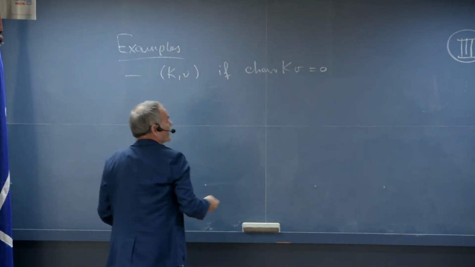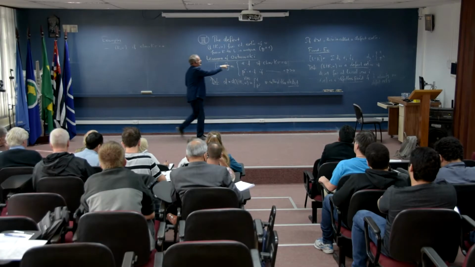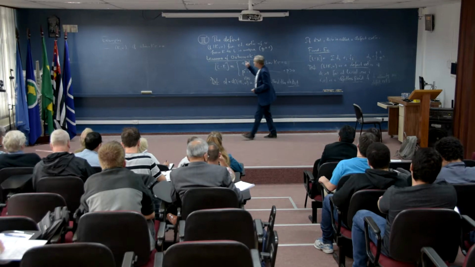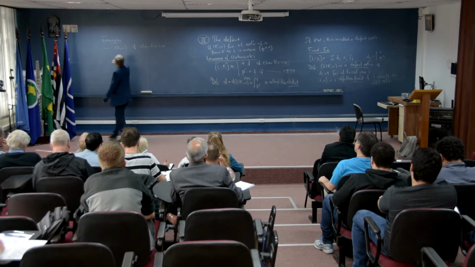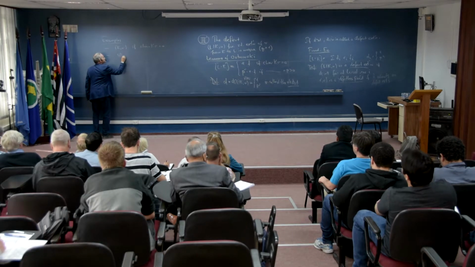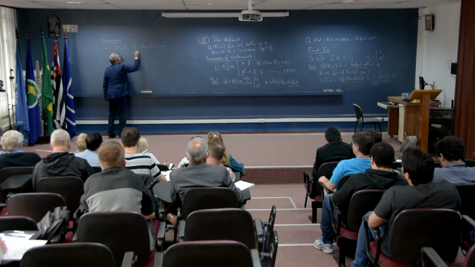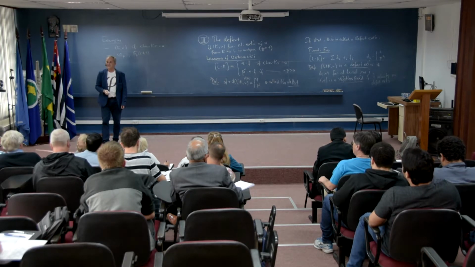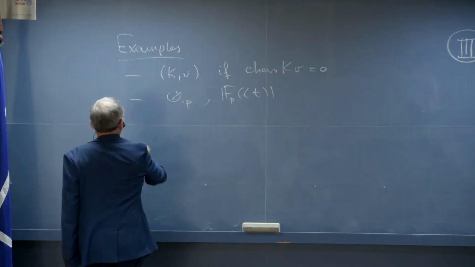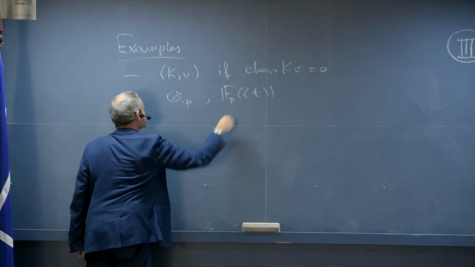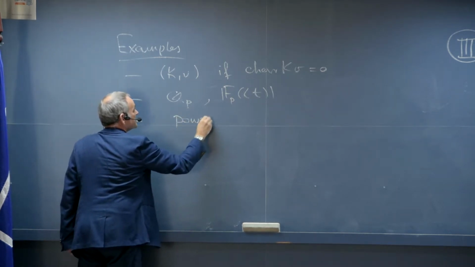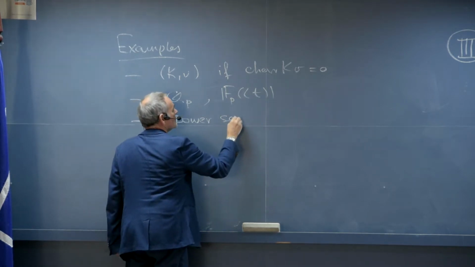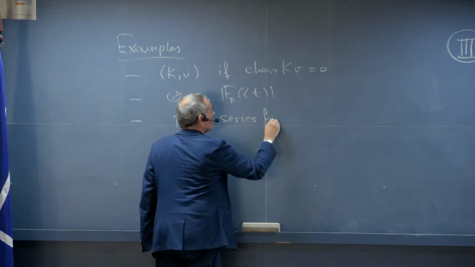Ostrowski, you have to go a little bit further here into where these di's come from, but it's resting on this. Also Q_p, and F_p((t)). So from that point of view, F_p((t)) is a nice valued field. And then you can generalize these into power series fields where you pick exponents from any ordered group. They are all defectless.